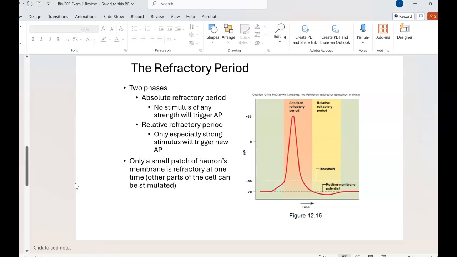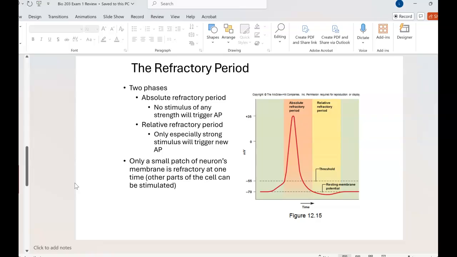During absolute refractory period, absolutely no way can we generate another action potential. Does not matter how strong that stimulus is, because everybody is doing what they're supposed to be doing. We have to wait a little bit until we're on the other side in relative refractory period.